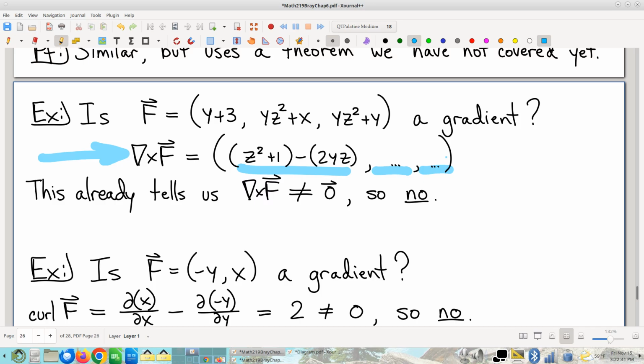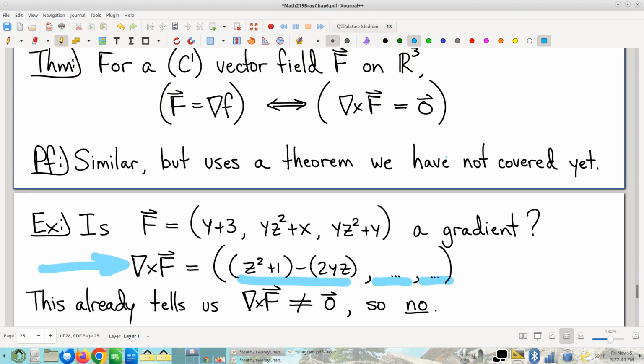So we start computing the curl, but then we remember, wait a minute, I only need to know whether or not it is 0. I don't actually need to know what it is. And when you're computing something only to know whether it is 0, as soon as you get a non-zero coordinate, game over.